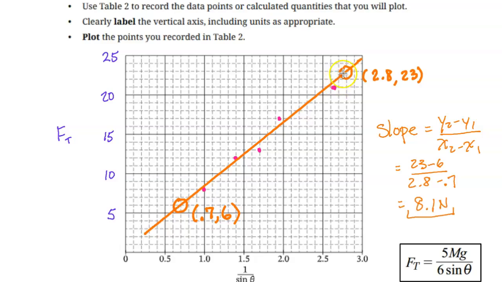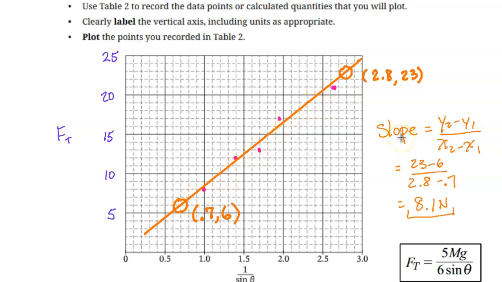And notice that for the best fit, I drew a best fit line, and the best fit line is a straight line and is as close to as many dots as possible. But also notice that the 2 points that I picked to calculate the slope are not the data points. You want to be careful with that, because oftentimes the data points are not on that line. So you want to make sure to pick 2 points that are on the best fit line.